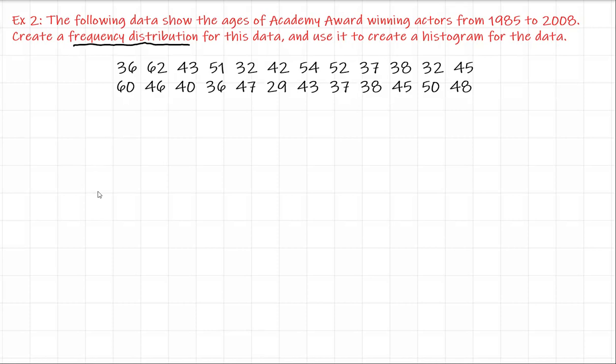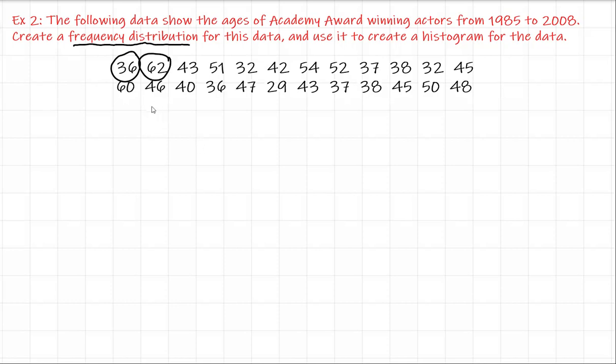So if we look at our data, maybe just eyeball it and see what the smallest number you can find is and what the biggest number you can find is. All right. The smallest value that I see is this 36 right here. And the biggest value that I see looks like it's this 62 right next to it. All right, so we're going from 36 to 62.